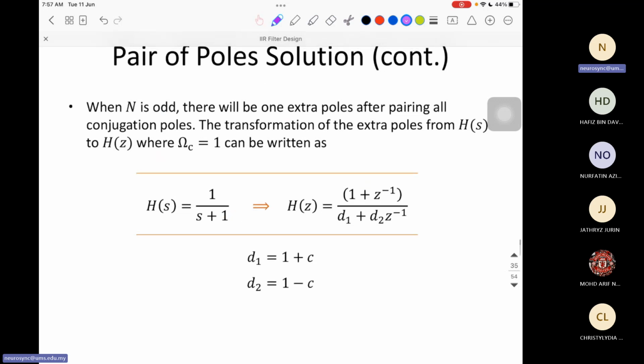Now this in the z domain, I can write like this: 1 plus z inverse divided by d1 plus d2 z inverse, and I can find the value of d1 and d2 here.